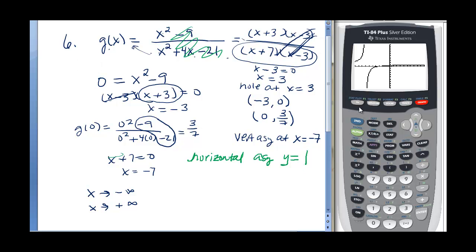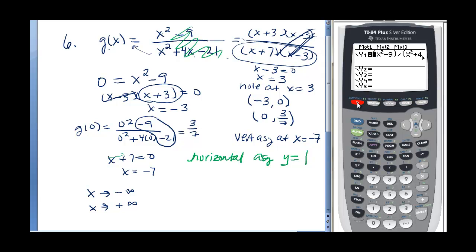Let's see, do I have it graphed over here? I think I already have it graphed. Let's look at the graph. A vertical asymptote over here at x is equal to negative 7. It does also look like I have a horizontal asymptote at y equals 1, and then it crosses the x-axis over here at -3, and if I wanted to find that 0, I could.